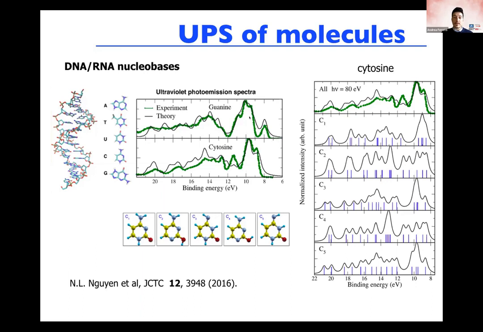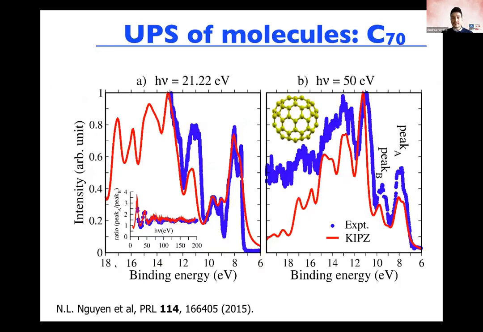And so we were able really to reproduce nicely the experimental spectra. Actually, this work was done by Ngoc Linh Nguyen in Nicola Marzari's group. And last but not least, one could even check the dependency on the photon energy of the photoemission signal. This typically is connected to the different sensitivity of orbitals with respect to the incoming photon.